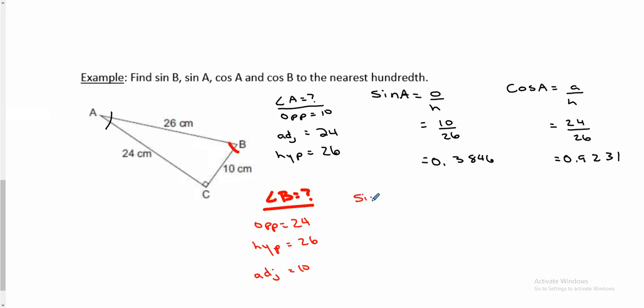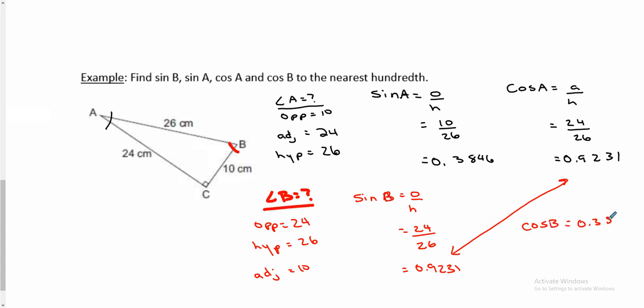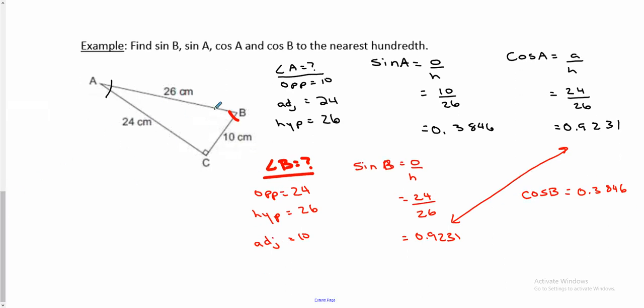So sine B is equal to opposite over hypotenuse, which is 24 over 26, equal to 0.9231. And you should notice that these answers are the same. So we can infer that cos B should equal 0.3846 without even doing the work. And that's because of how the ratios work. We're not changing anything, we're just changing the angle measure that we're taking them of.